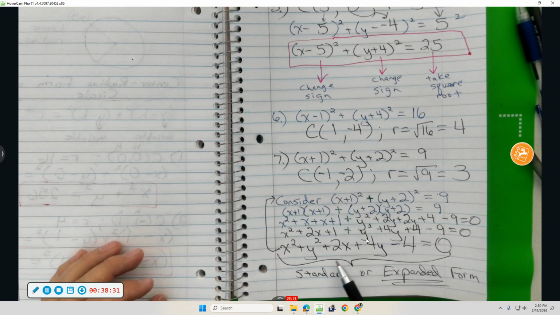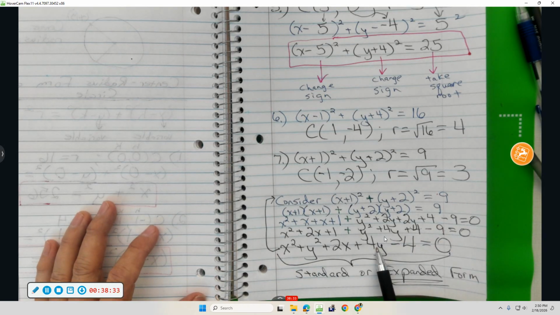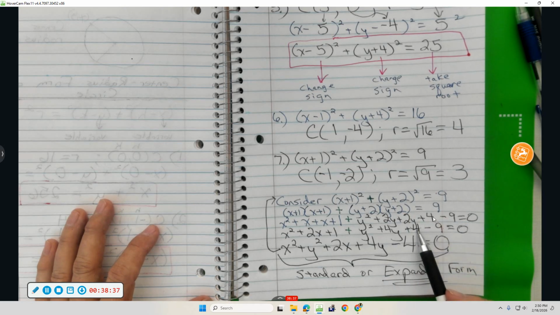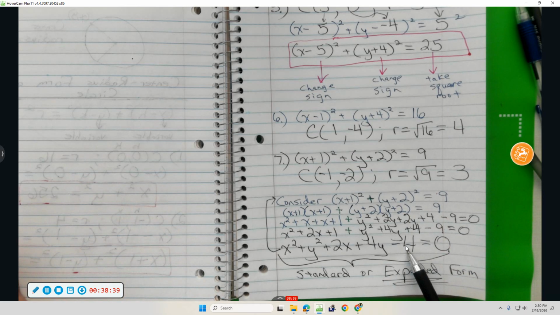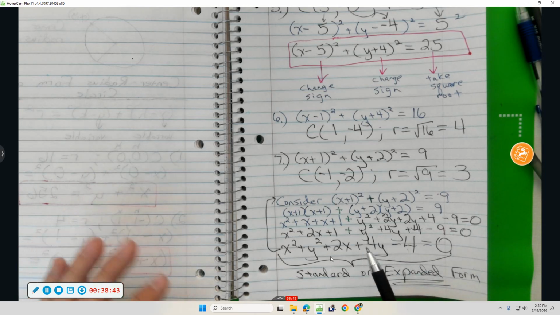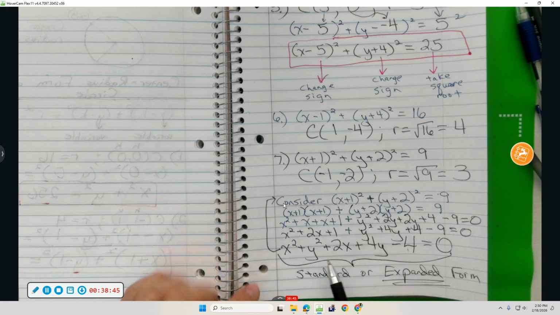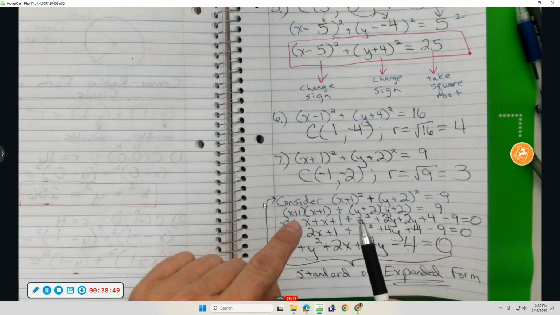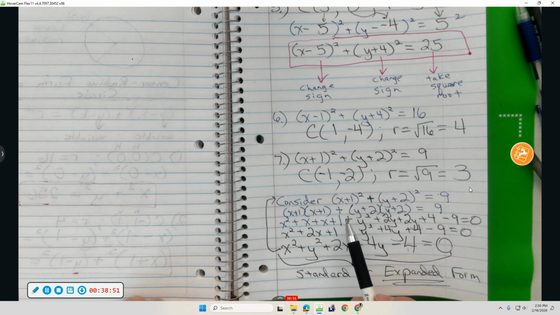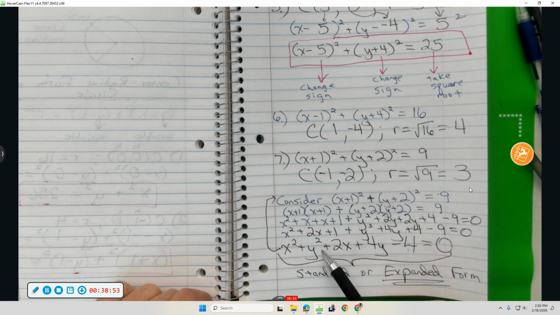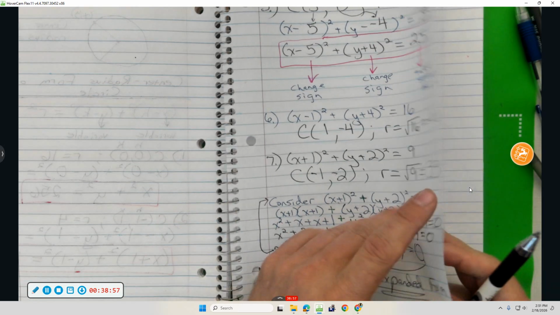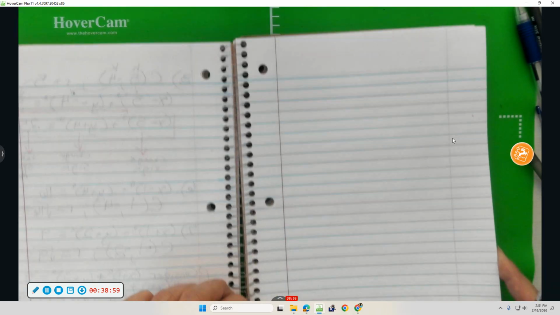Likewise, here we have a y squared plus 4y. Well, the perfect square trinomial had a plus 4. We don't have a plus 4 there. We have a minus 4, but not a plus 4. We're going to have to go back, taking what we have and introducing a perfect square to create the perfect square trinomials.